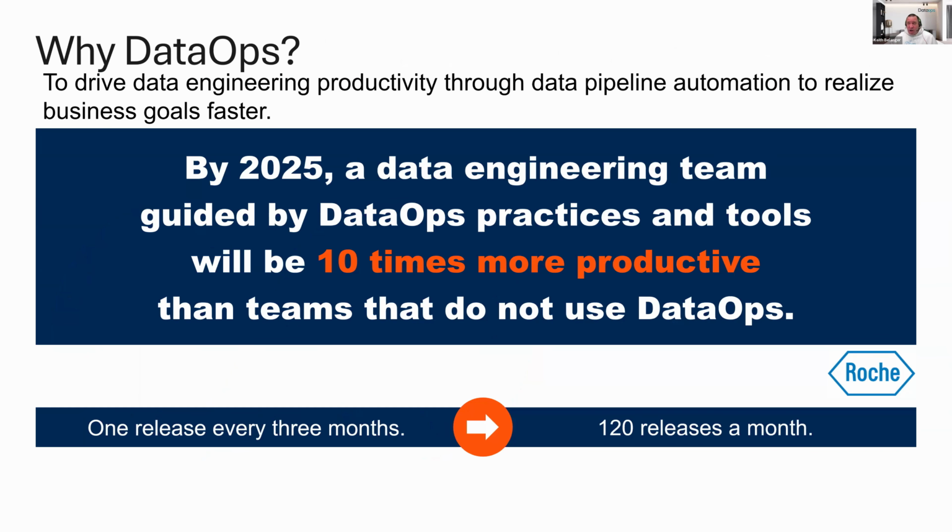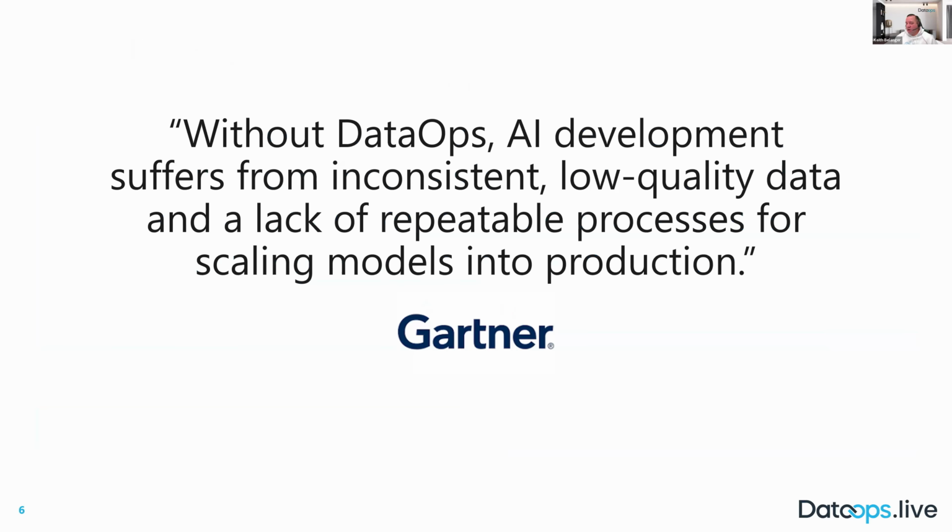Organizations that adopt DataOps practices tend to be 10 times more productive. One of our customers, Roche, was doing one release every 3 months for their very complex data products. With our DataOps solution, they went up to 120 releases a month. This is a quote from Gartner, from some studies this year: without DataOps, AI development suffers from inconsistent, low quality data and a lack of repeatable processes for scaling models into production.